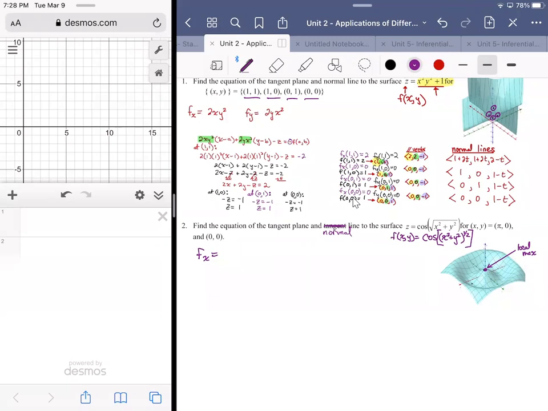That 1/2 power only applies to the argument within the cosine function. So it's not like cosine is being raised to the 1/2 power.